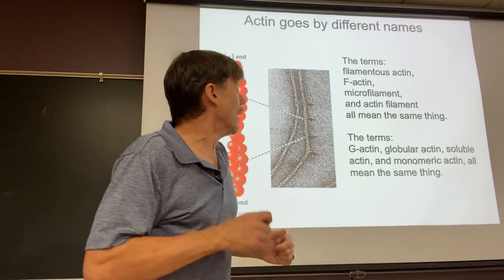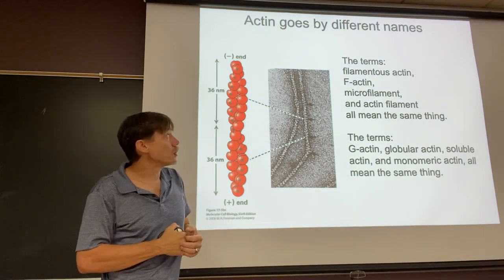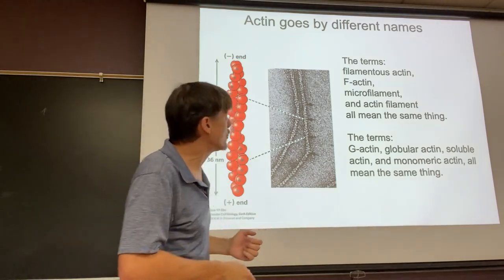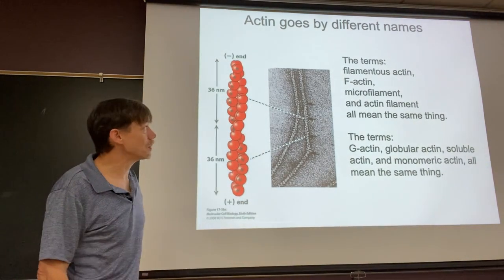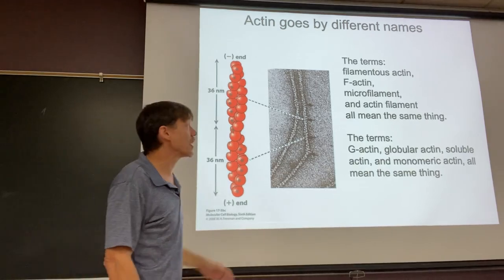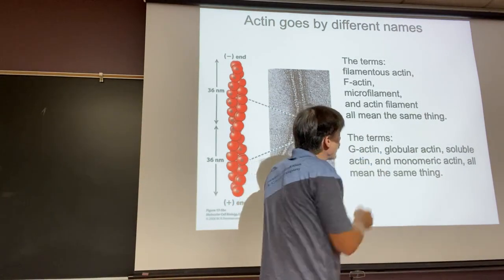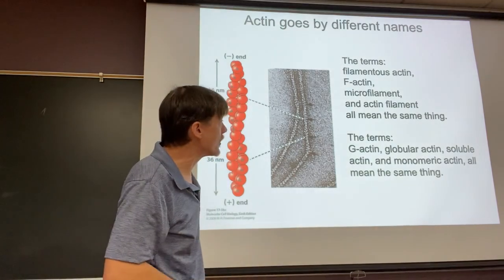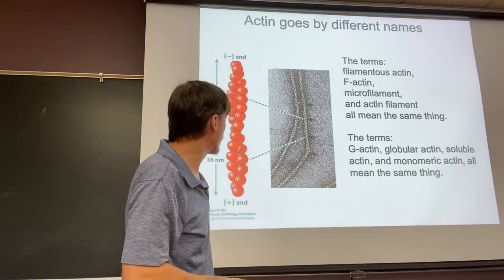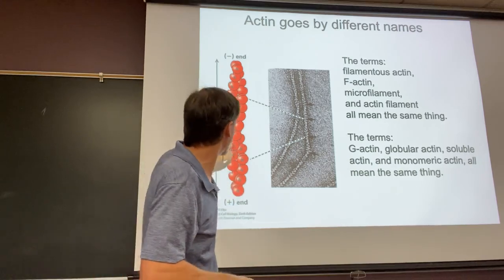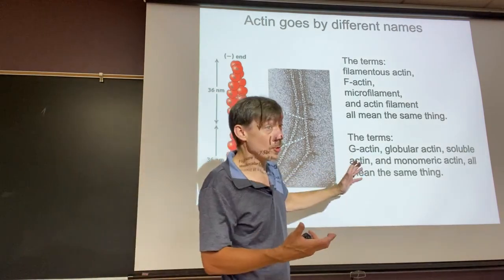Okay, so like so many things in biology, actin goes by different names. An actin filament, I very often call an actin filament, but sometimes people just call it actin, or F-actin, or microfilament. These all mean the same thing. And then just in terms of the subunits themselves, the subunits are soluble.